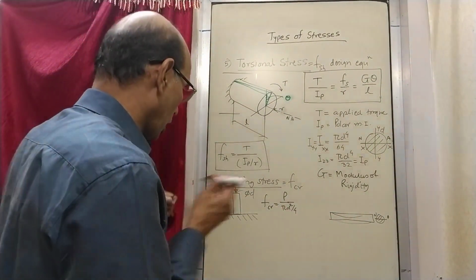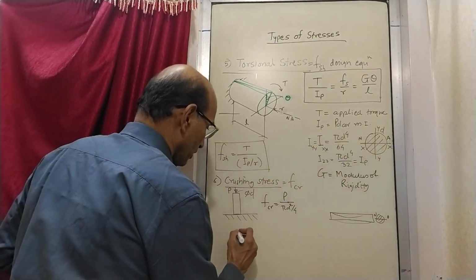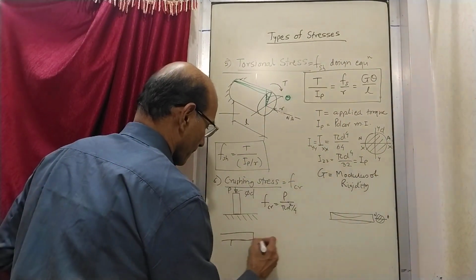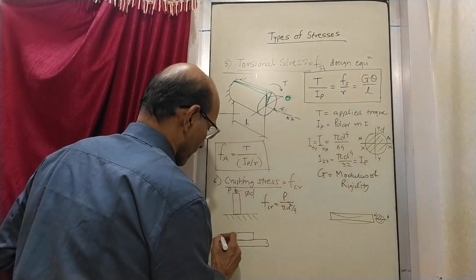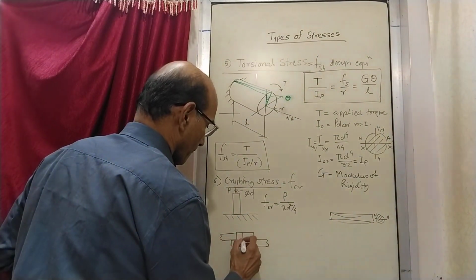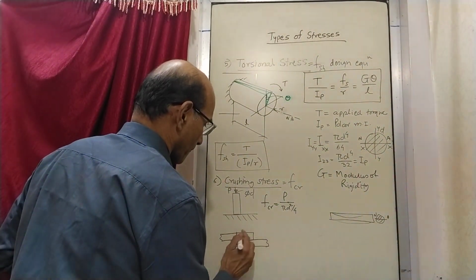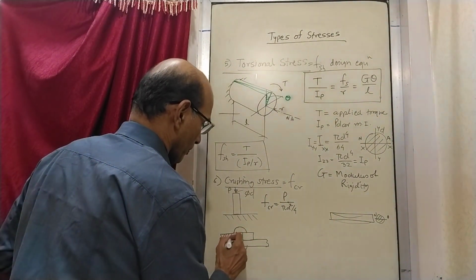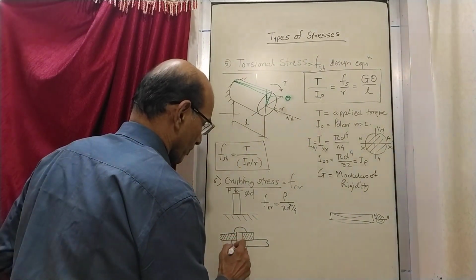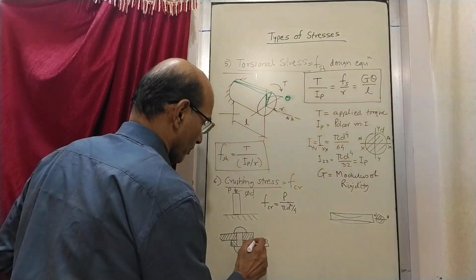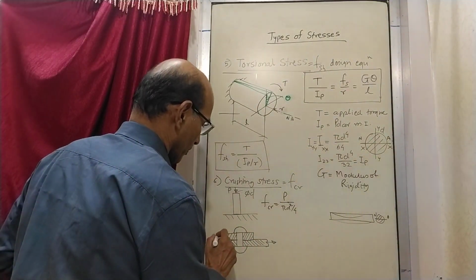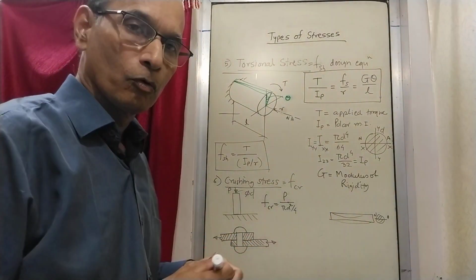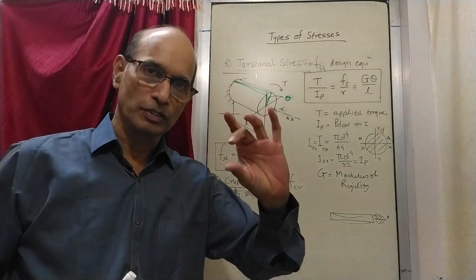So if I draw a diagram of a rivet like last time, what we have done, we are having two plates connected to each other by a riveted joint.